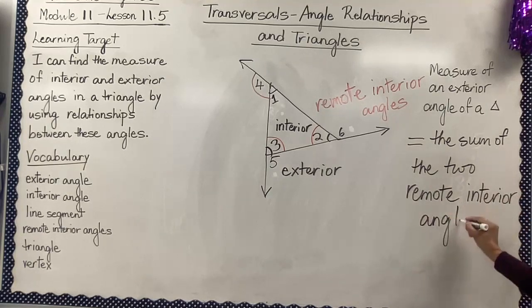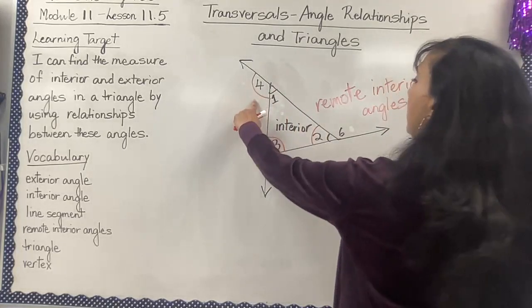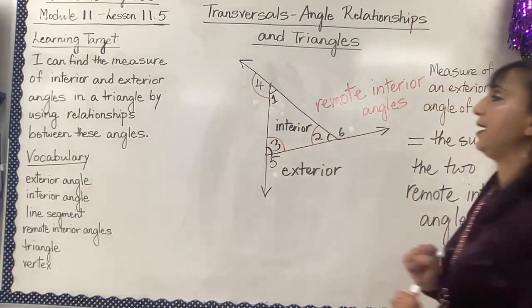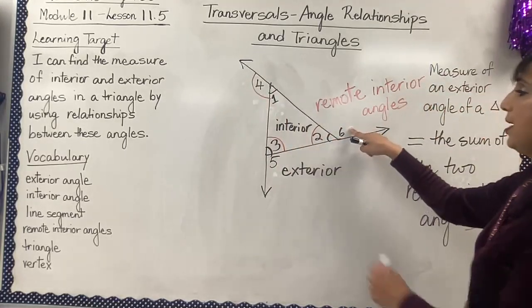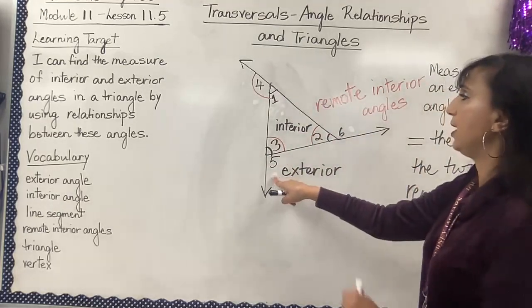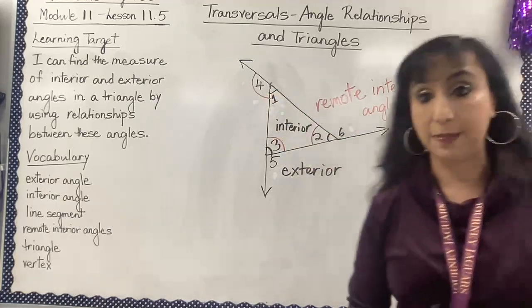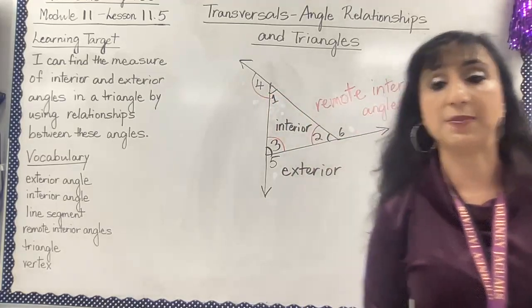So this is one thing, please remember. The measure of an exterior angle of a triangle is equal to the sum of the measure of its two remote interior angles. So this angle is equal to these two angles added up. This angle is equal to these two remote interior angles added up. This angle is equal to angle 1 and angle 2 added up. Okay, so that's what this means.